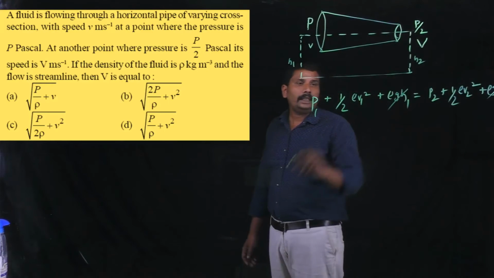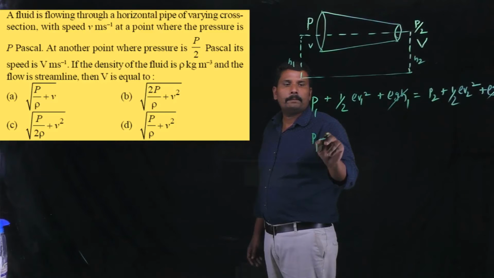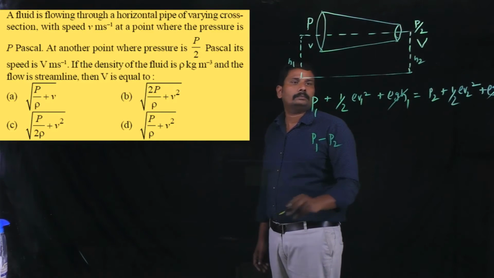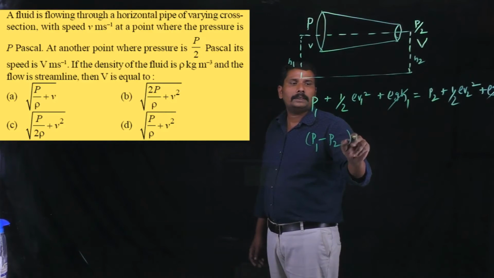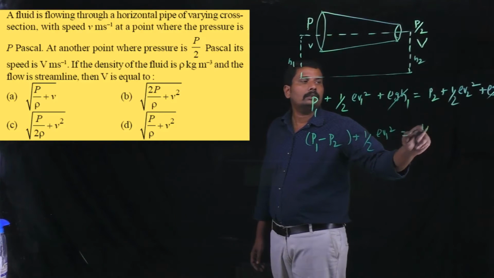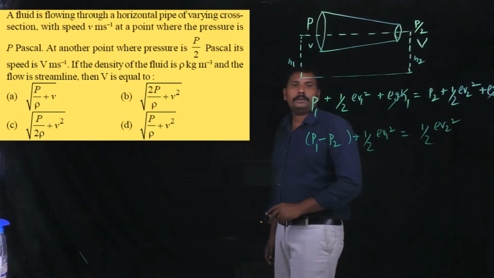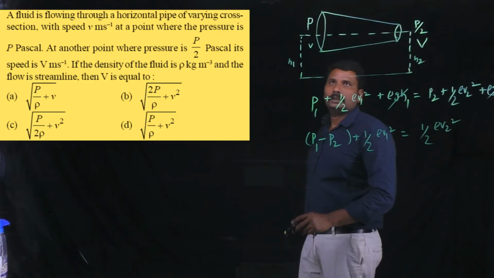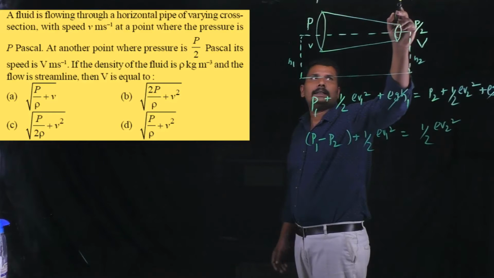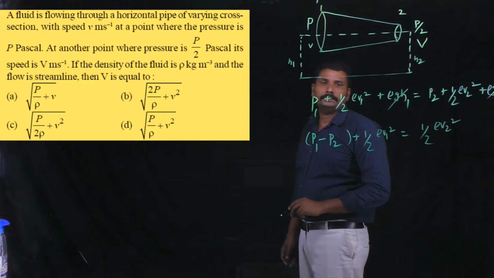Now it can be written as P1 minus P2 plus half rho V1 square is equal to half rho V2 square. By substituting the values, this is the first end and this is the second end.